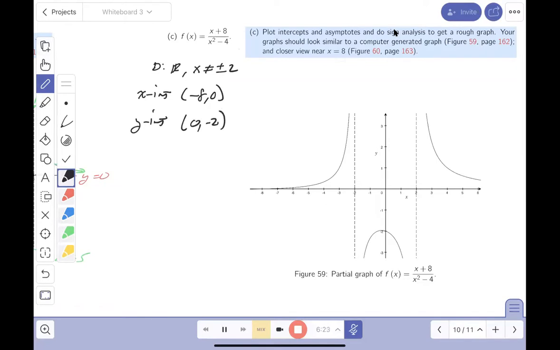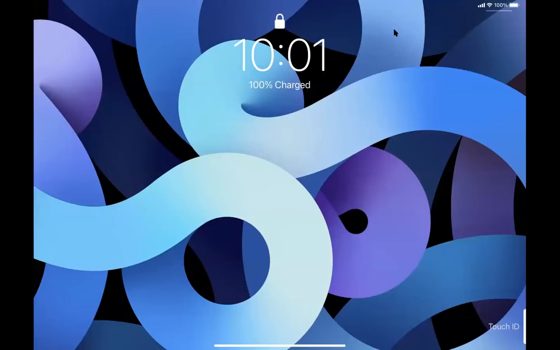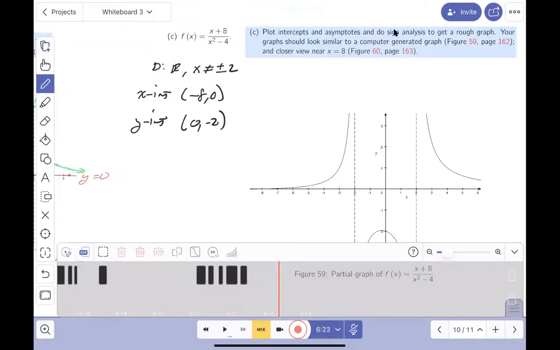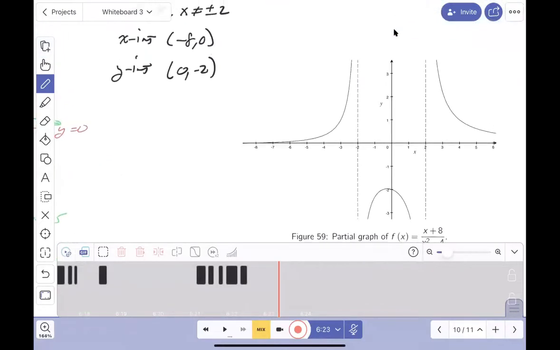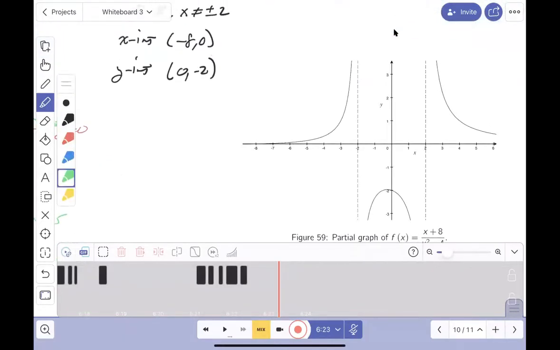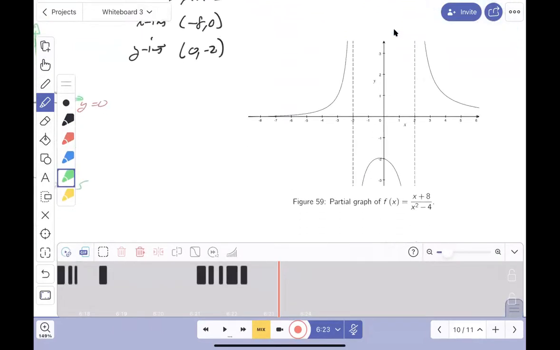Sorry about that. I pressed the button again. All right, let me look at this. I want to see if I got it, at least the points right. Oh, gee, I got this right. You see that?